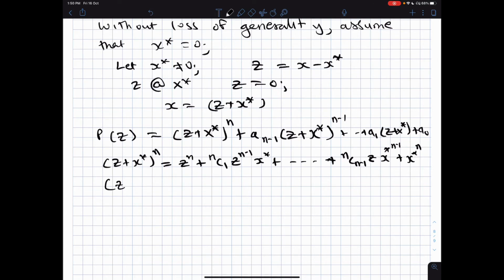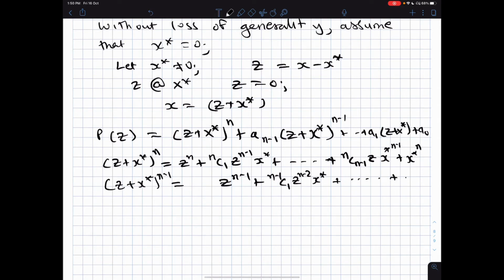Now let's look at z plus x star to the power n minus 1. This is a monic polynomial in z: z to the power n minus 1 plus (n minus 1)C1 z to the power n minus 2 x star, and so on.